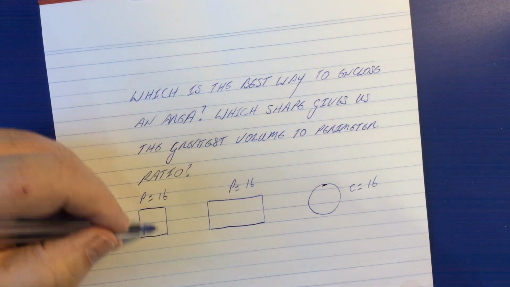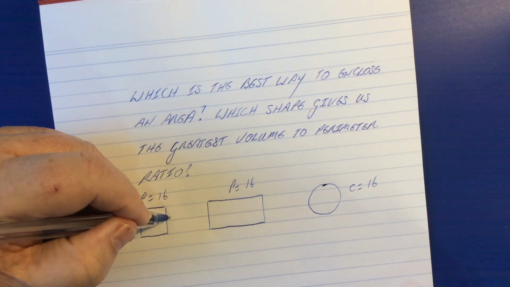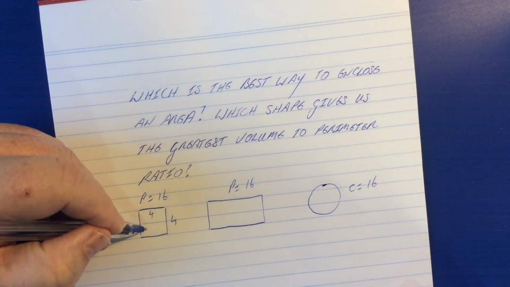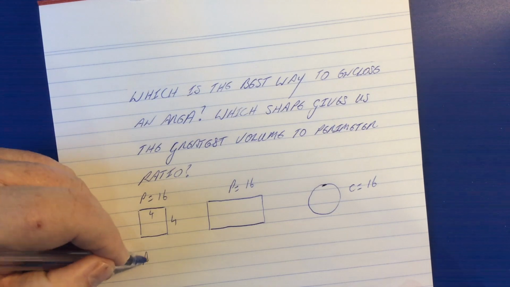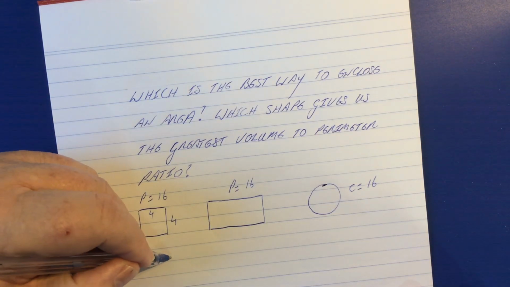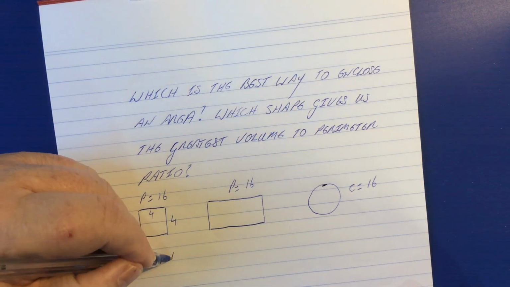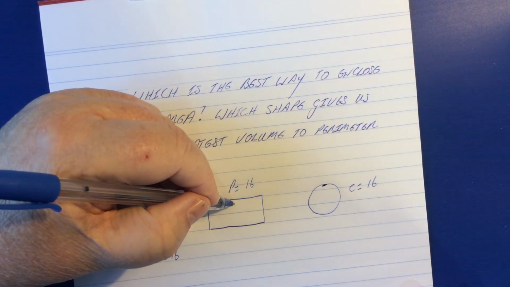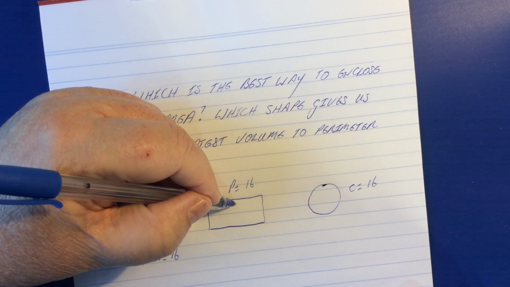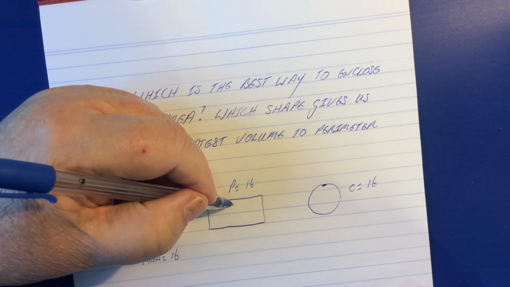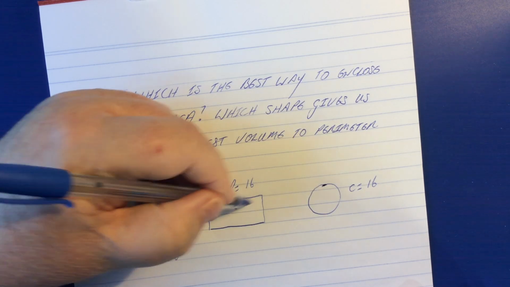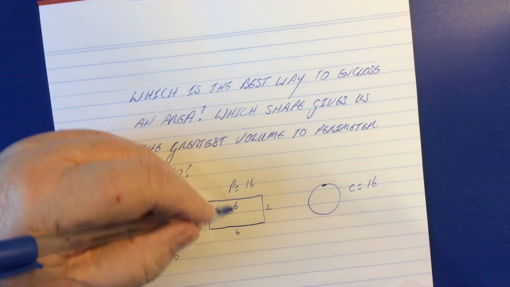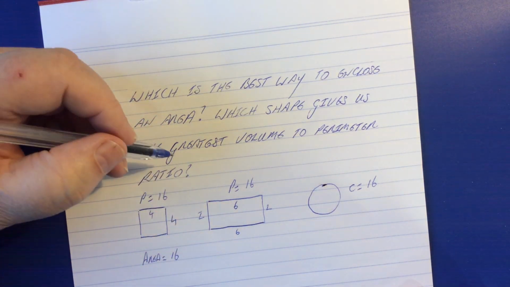This one's pretty simple. If it's a square, that is 4 and that is 4, and our area is going to equal 16, 4 times 4. Now, let's say that this is 6 and this is 2, which means that this will be 6 and this will be 2.